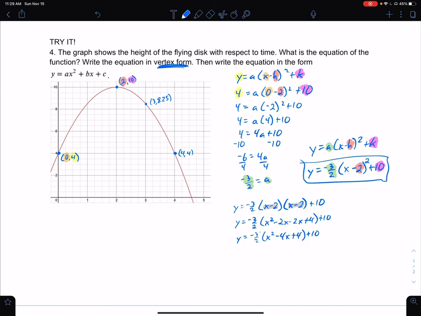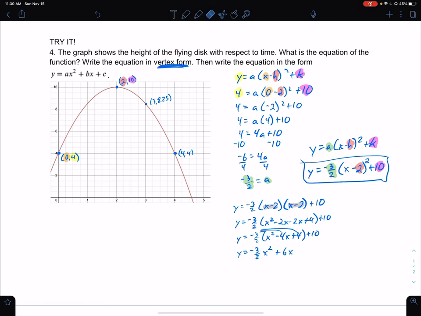And now we do need to distribute this negative 3/2, which was a little annoying, but we can do that. So negative 3/2 x squared. And then negative 3/2 times negative 4 is going to be plus. So we wind up with 12 over 2, which is going to be 6x.